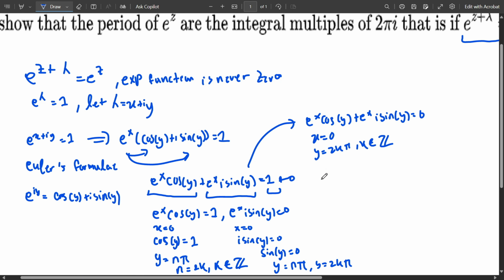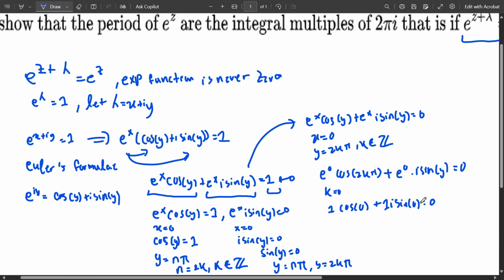Okay, let us input the values. So e to the 0 times cosine of 2k pi plus e to the 0 times i sine of y. Let us test if k equals 0. This one is 1, and cosine of 0 plus 1 times i sine of 0.